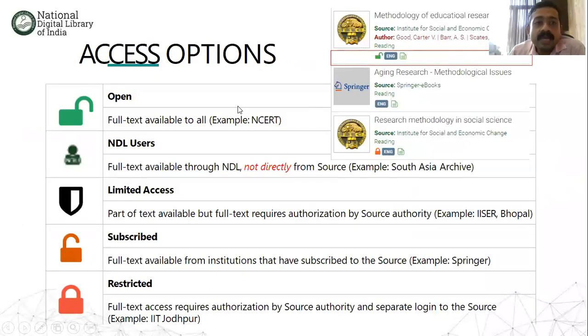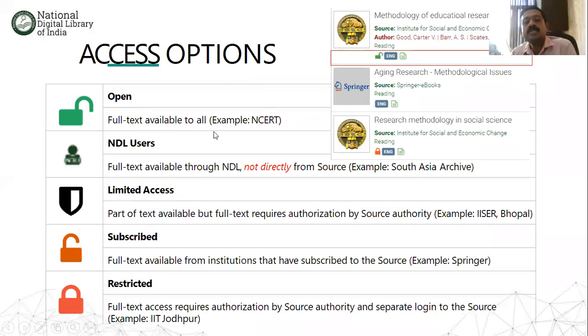And how can we access these contents? There you have to think, this is very important. When you search for a book, this option is very important. You just see the symbol along with open. Open means, for example, you see Methodology of Educational Research. The symbol is here along with open.